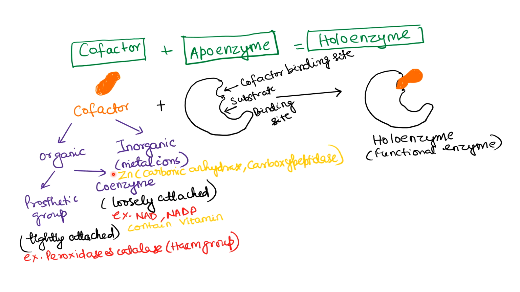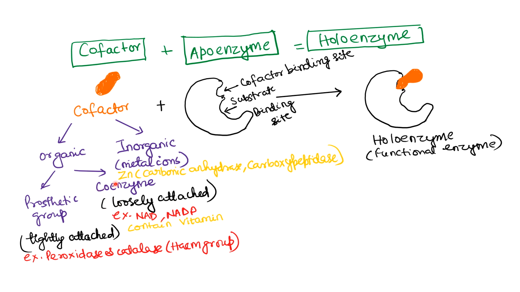The organic part can be divided further into two types: prosthetic group, where the cofactor is tightly attached, an example of which is the heme group in peroxidase and catalase, and the second type is coenzyme, which is attached loosely to the apoenzyme. Examples are NAD and NADP.